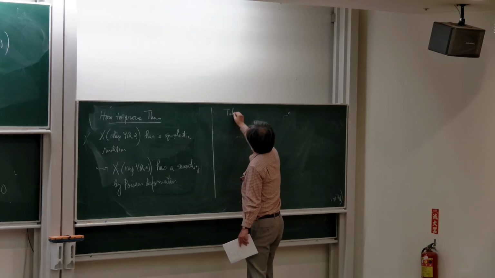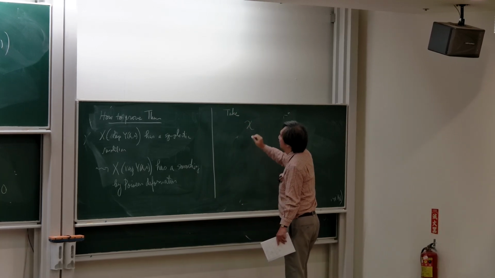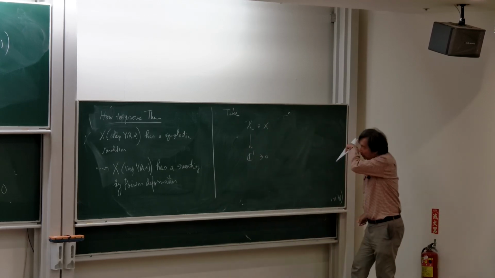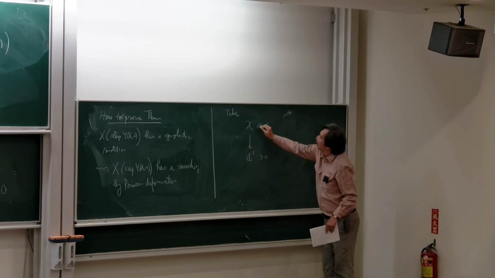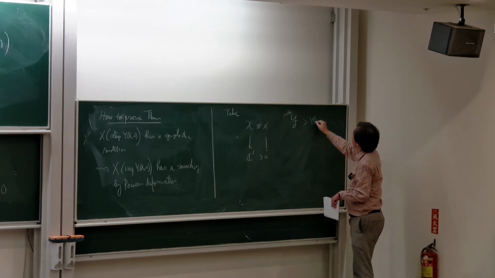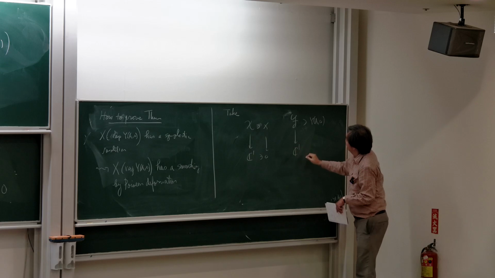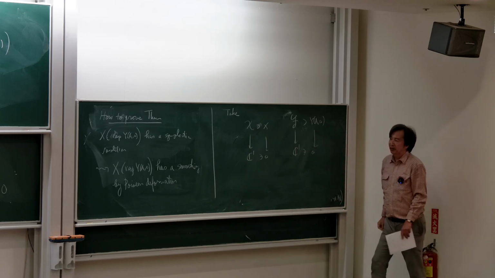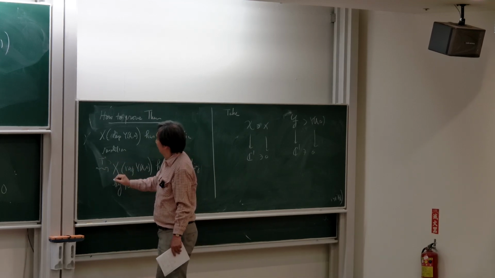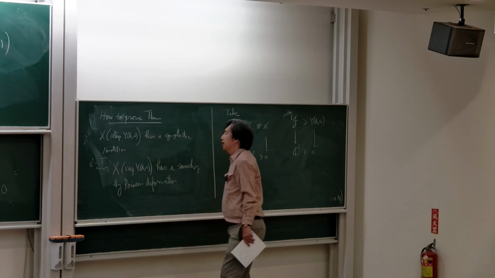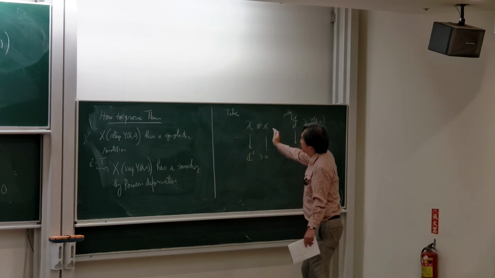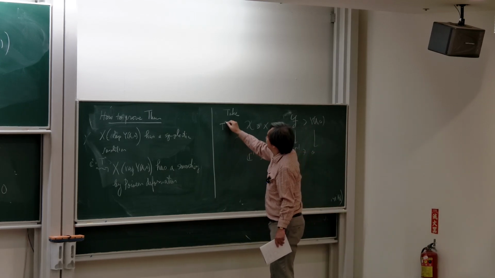Take such a smoothing. So here you have a smoothing of X over C^1, and Y, which is a smoothing of Y_A0 over C^1. But here you have a C^* action, you have a T^n action and a C^* action. But such an action extends to the family. So T^n acts on this space.